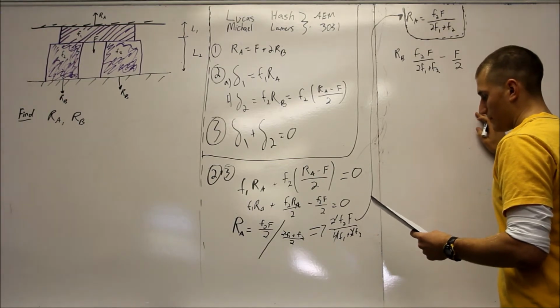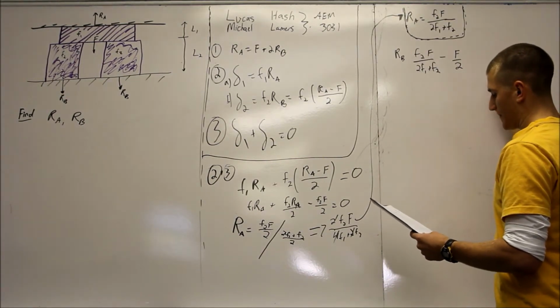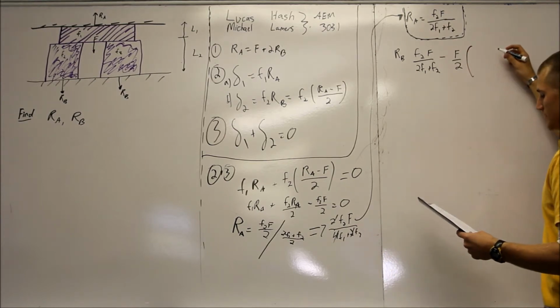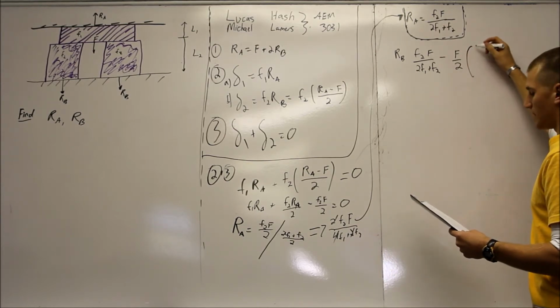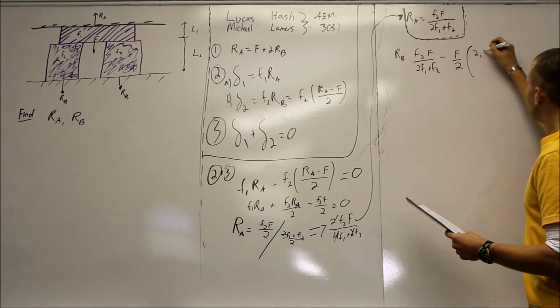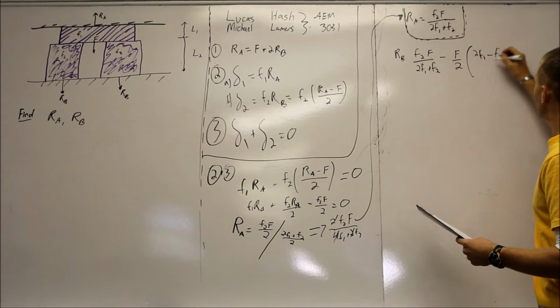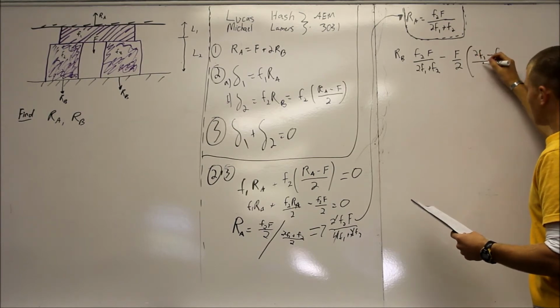So, simplify this down. I'm going to multiply this F2 component by 2 F1 minus F2 over itself.